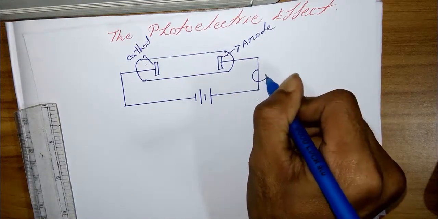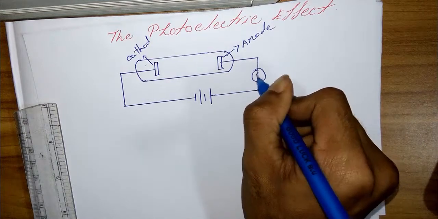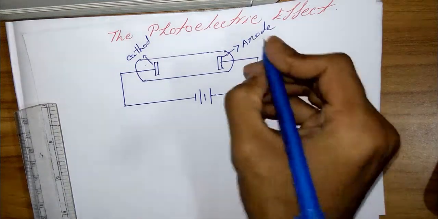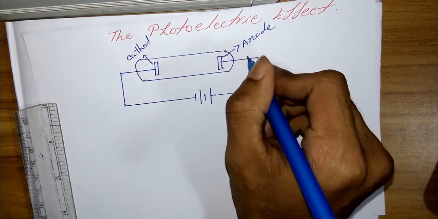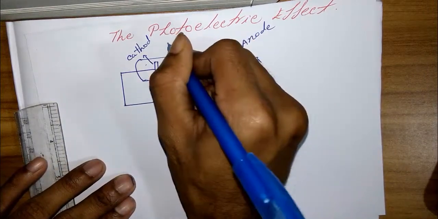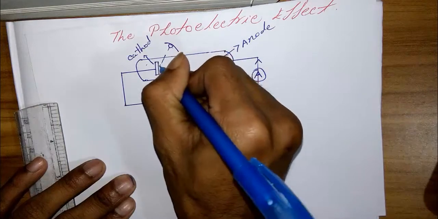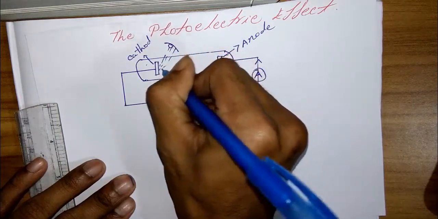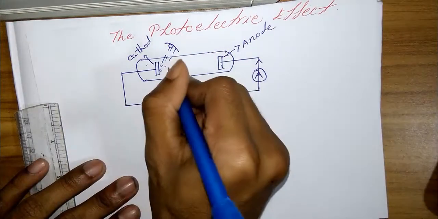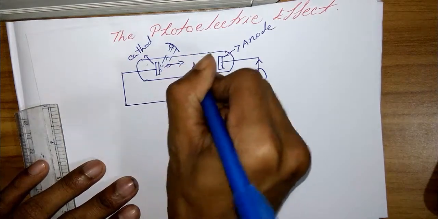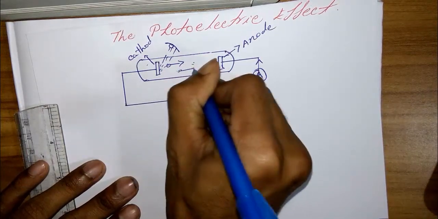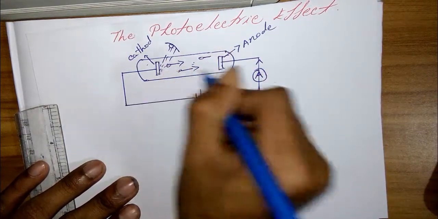Here is an ammeter to measure the current. After that, light is emitted, and the electrons are emitted from here to here.